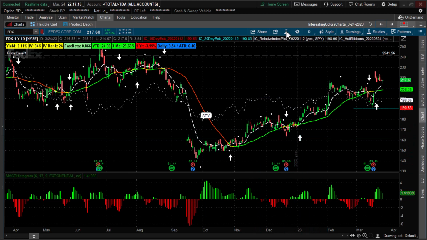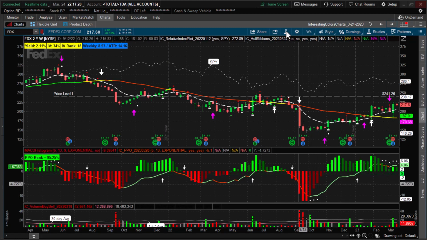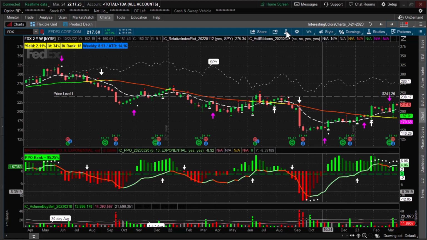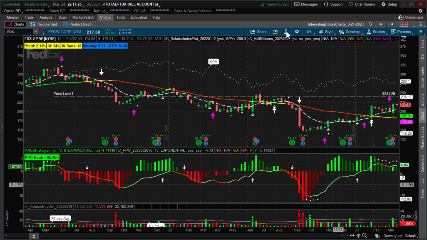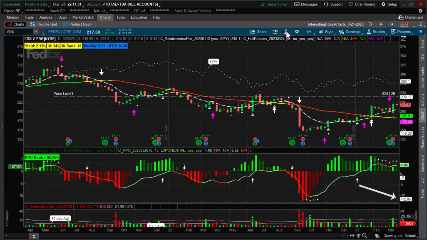And the main reason for that is because it was so overly depressed. So overly depressed, it had to go back to some semblance of normality. In fact, you can see here from the PPO standpoint, we were down minus 12%. That's a significant amount.